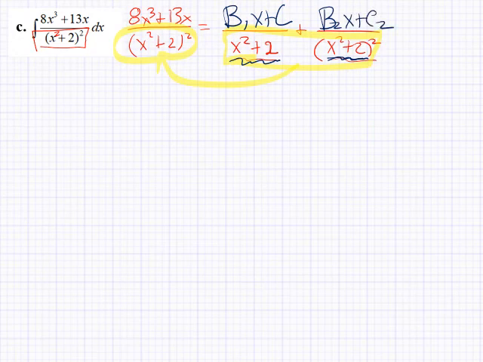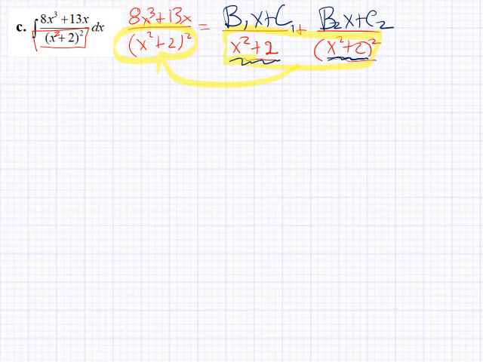If you want to use all different letters, A, B, C, D, instead of B1, C1, B2, C2, go for it. All right. So I have to find B1, C1, B2, C2, and then hopefully I'll be able to integrate. And if you take a peek at it, think about what the integration might look like for all these pieces, we're going to be able to make it work. So anyway, we'll get to that in a second.